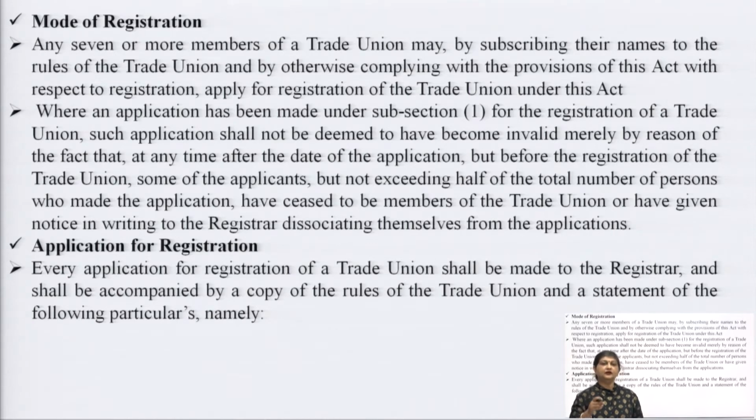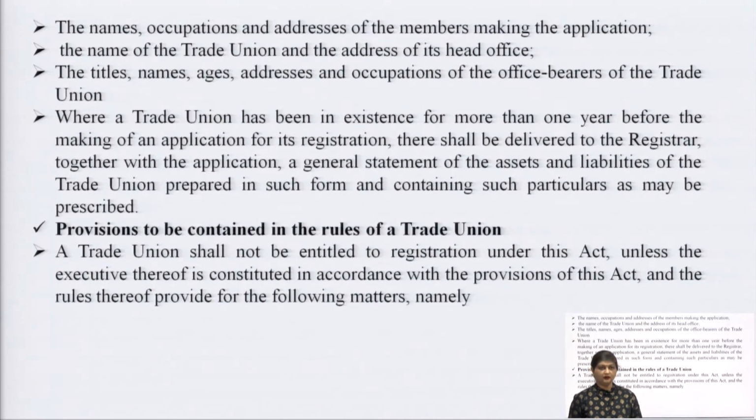They have to fill in the application for registration, and they have to serve certain requirements, which are as follows: the names, occupations and addresses of the members making the application, the name of the trade union and the address of its head office, the titles, names, ages, addresses and occupations of the office bearers of the trade union.